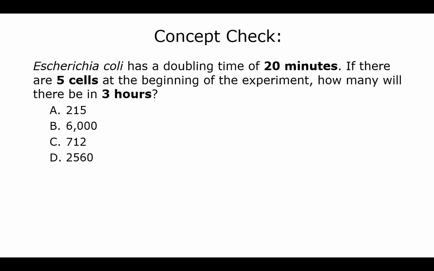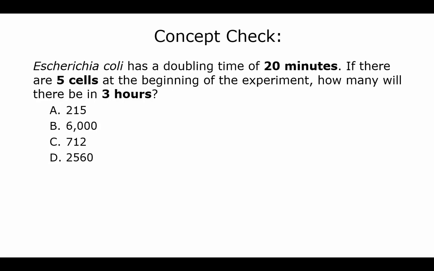2 is the first generation, 4 is second, 8 is third, 16 is fourth, 32 is fifth, 64 is sixth, 128 is 7th, 256.